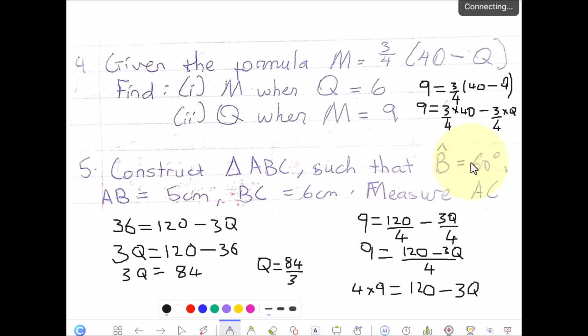If the question says 90, you will go to that point B and do 90 degrees. If the question says 45, you will go to that point B and do 45. If the question says 30, you will go to that point B and do your 30.